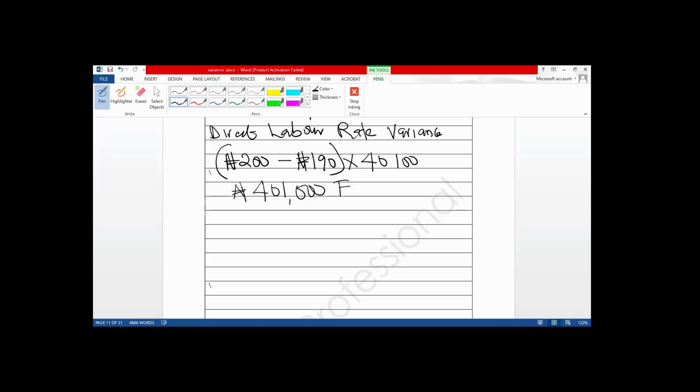The second one is direct labor efficiency variance.